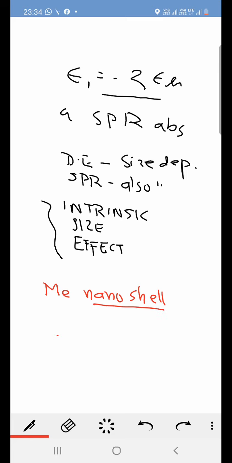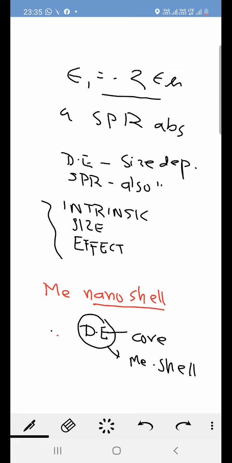It is called a nano shell because there is a dielectric core which is surrounded by a metallic shell. This is the core, and this one is the metallic shell.